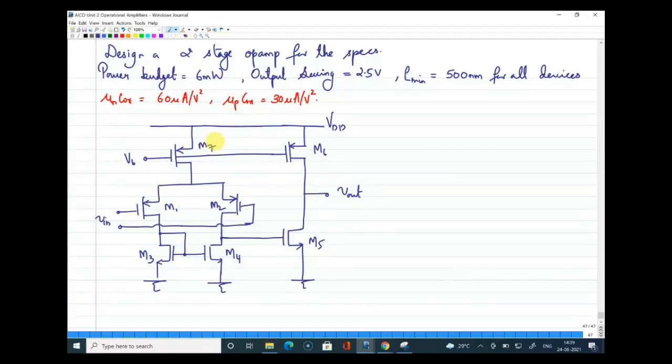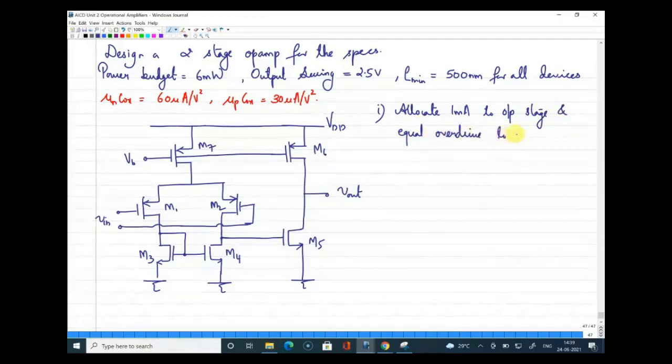You have a set of specifications here to work out. Along with this, there are some other conditions given. One is when you do the design, you can allocate 1 milliamp current to the output stage. And also, you can assume equal overdrive to the output transistors, that means M5 and M6.